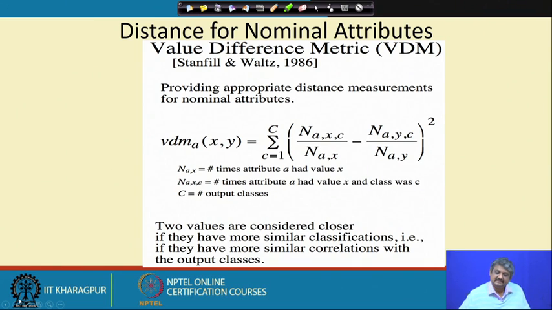How do you define distance in nominal attributes? Do this. You define how many times a certain attribute value is associated with a class, and use that.